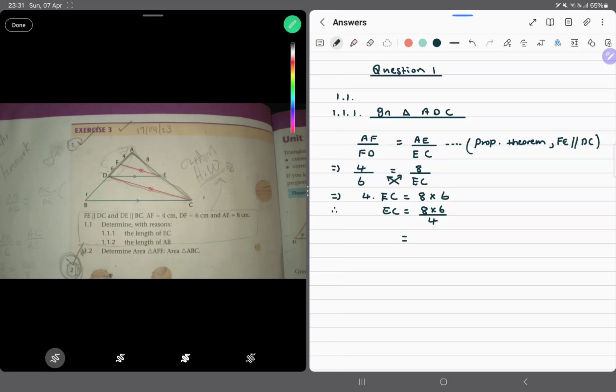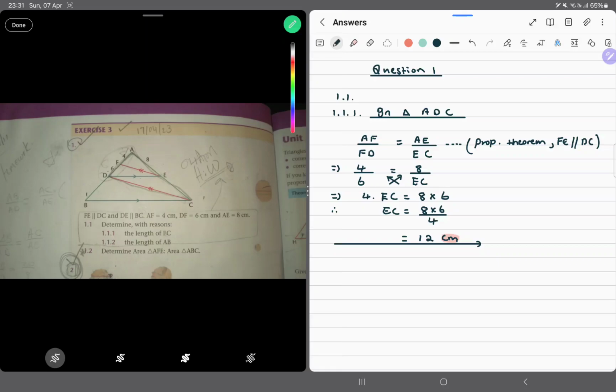Let us find it out. For me, 4 goes twice there, right? Then 2 times 6 is 12 centimeters. Remember, the final answer must have a unit of measurement. So very easy stuff. So essentially that's what you do.